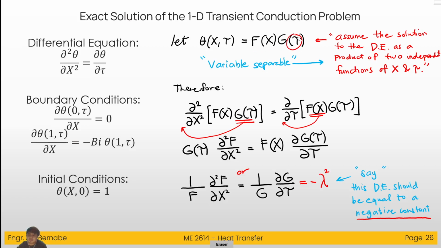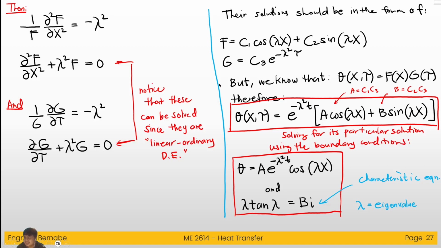The tau here is the Fourier number, which is equal to the thermal diffusivity times time over L squared. Anyways, after that, we have solved this, and you have these two partial differential equations. Actually, these will be ordinary differential equations at this point. You can solve these two differential equations into this form.